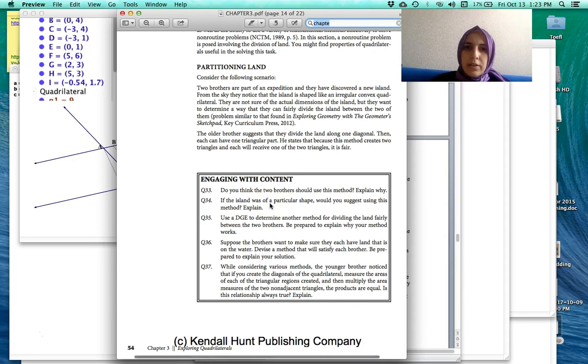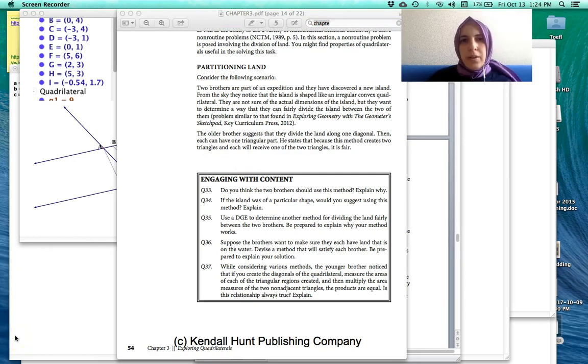Okay, first of all, let's look at the question. Consider the following scenario. Two brothers are part of an expedition and they have discovered a new island. From the sky, they notice that the island is shaped like an irregular convex quadrilateral.